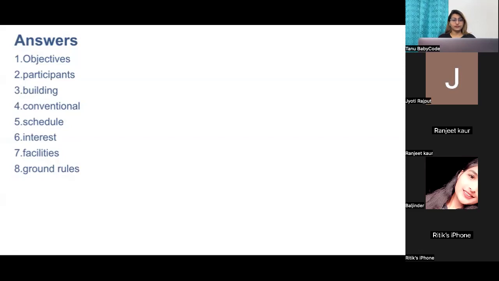Anyone who got all correct? Only 4. So out of 8, only 4 were correct. What about others? Okay, Baljinder got 5 correct. Jyoti got 6 correct. Good. Let's do one more.